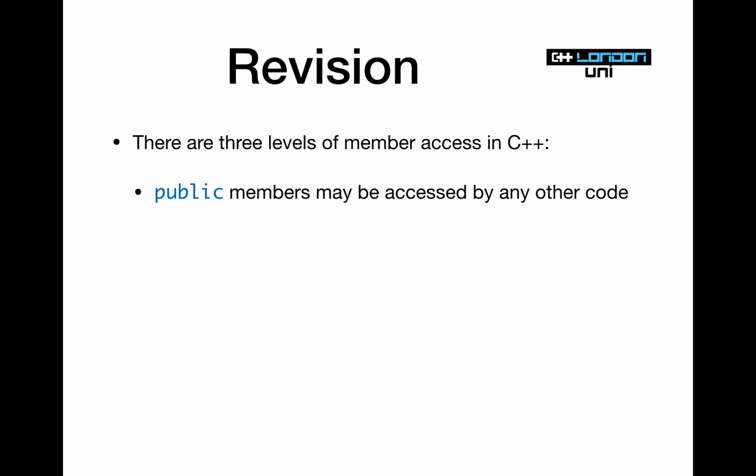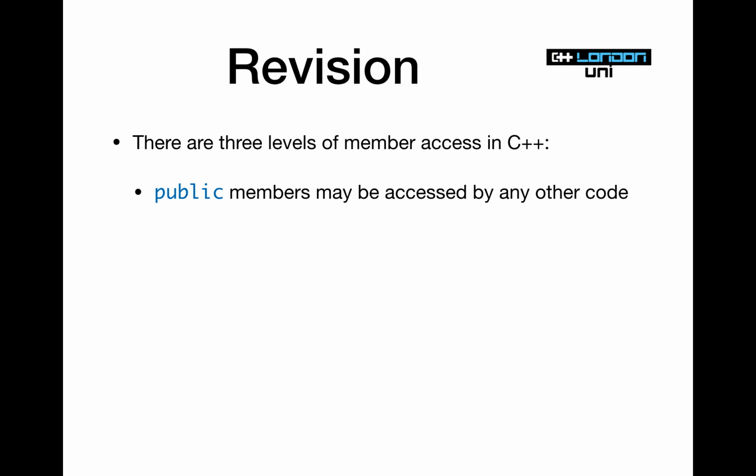It means that if we have an object of type T, it means that any other part of our code can call T's member functions and can access its public fields if we have public fields, which is probably a bad idea, but it happens. So that's public members. What about private?